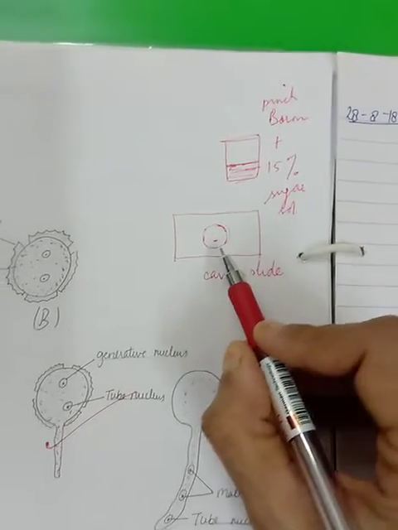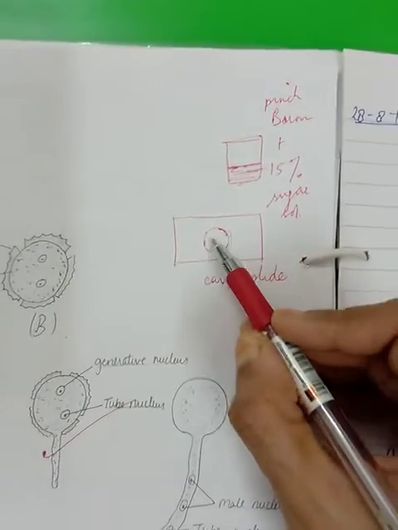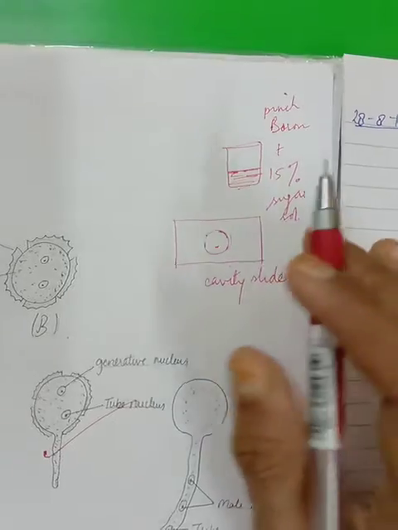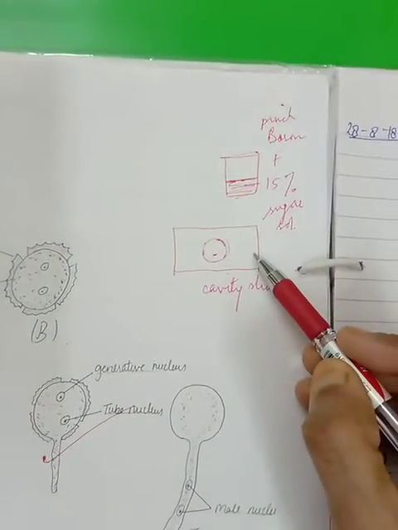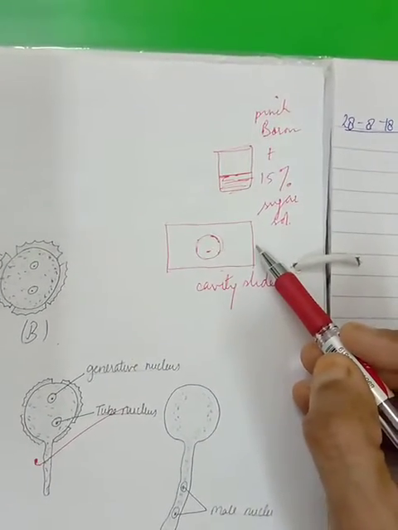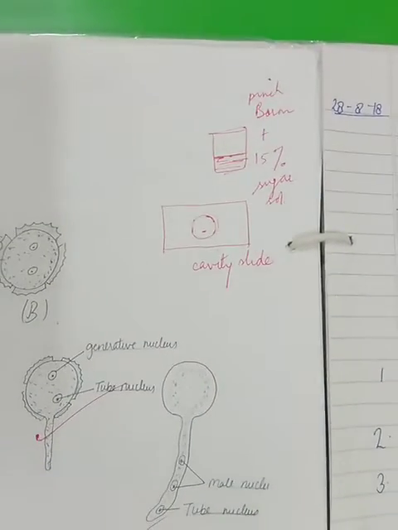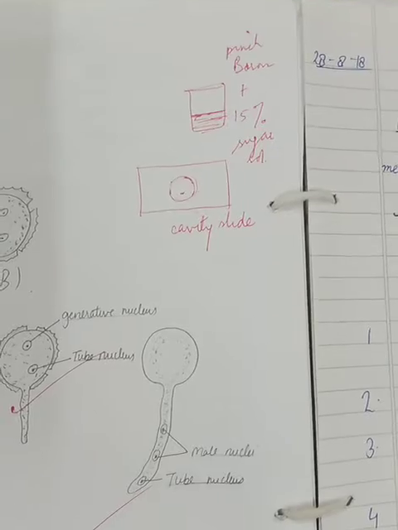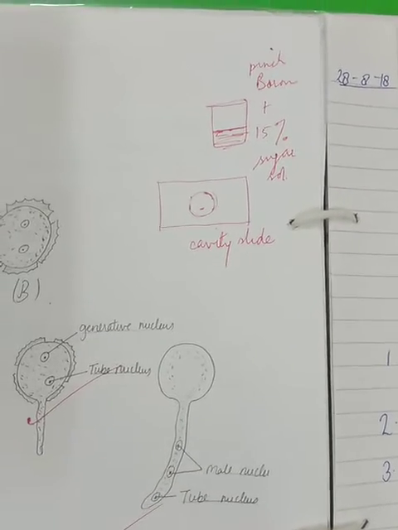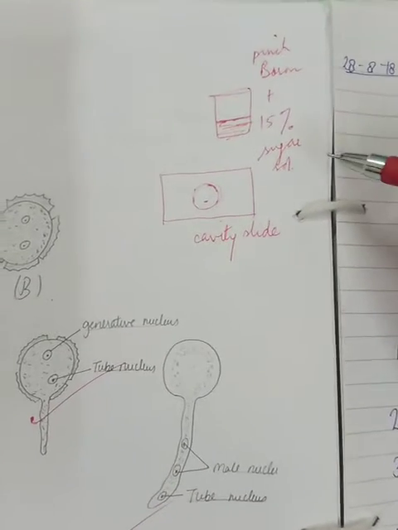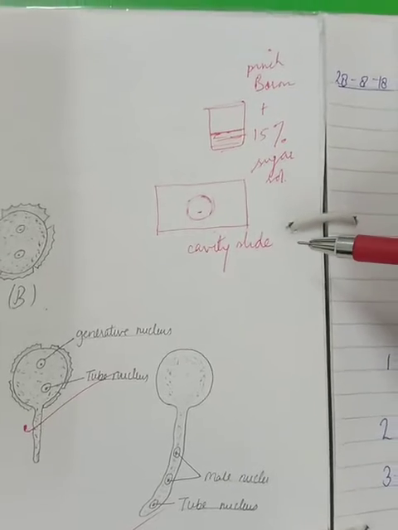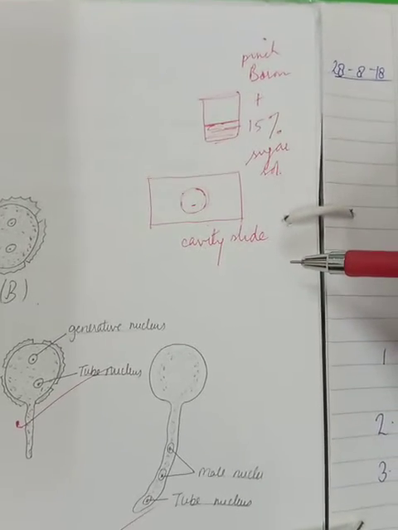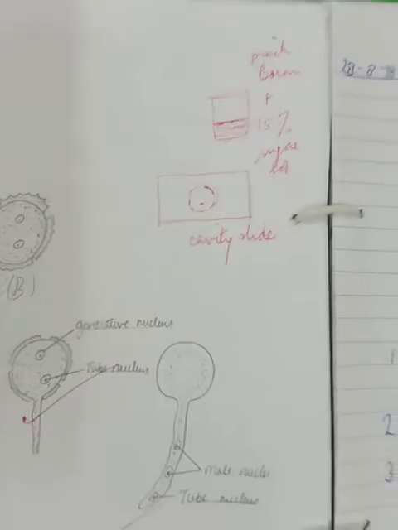We'll tap the pollen grains into it and cover this with the cover slip. That's all. We will leave the setup for a few hours and observe. As I told you, children, the working is very simple and interesting, and remarkable results are seen. When the school reopens, you will really like conducting the experiment because of the simplicity and remarkable results. Let us see what you have to write now in the file work.